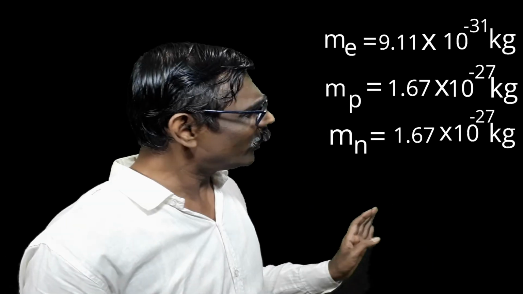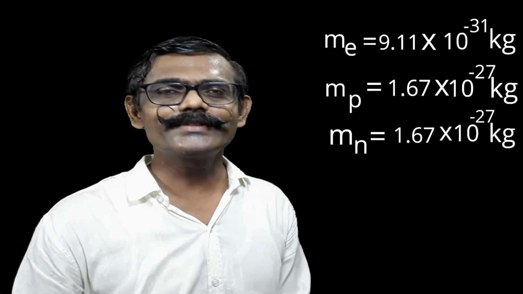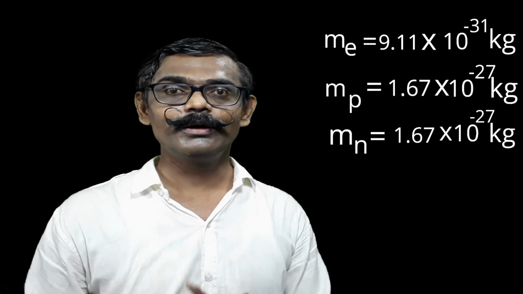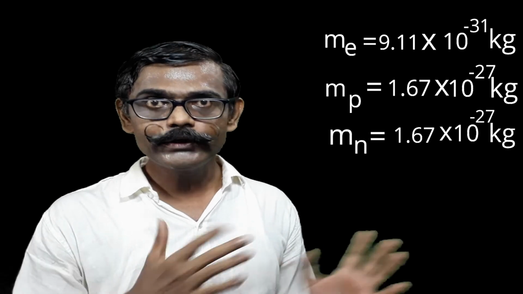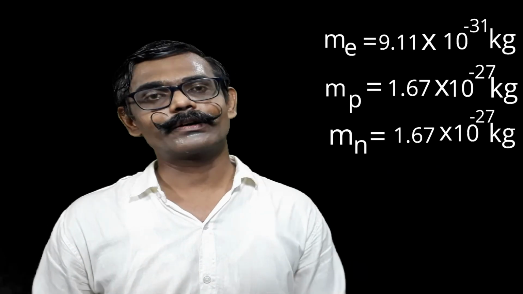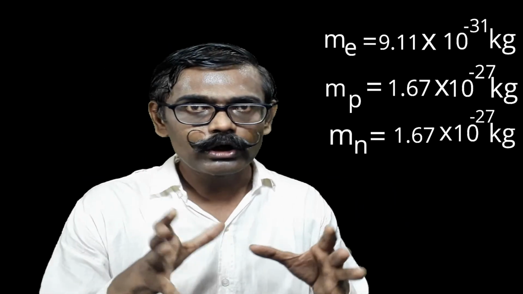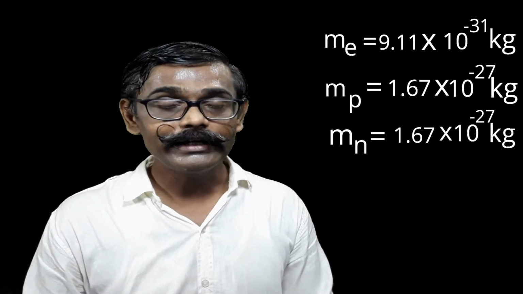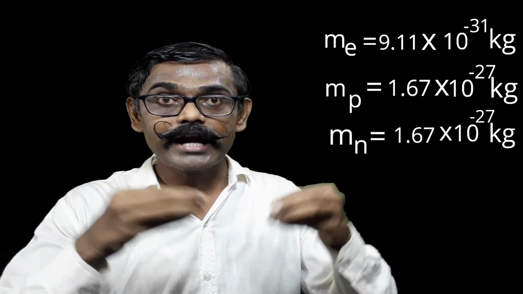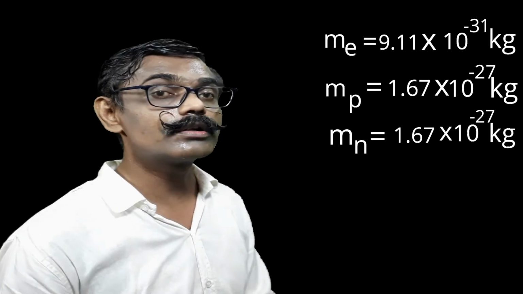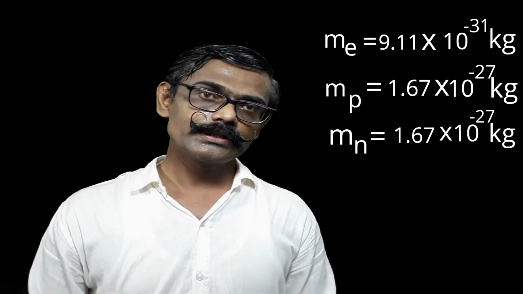Therefore, during calculation we don't consider the mass of electron; we consider the mass of neutron and proton. Relative to their masses, the mass of electron is negligible. Therefore, Rutherford said, actually at that time he did not know, but Rutherford's idea is valid, that mass is concentrated at the nucleus, in the nucleons. And who are the nucleons? Neutrons and protons.